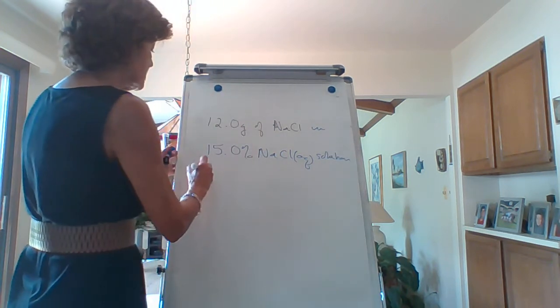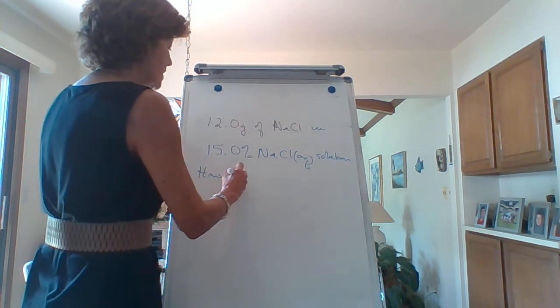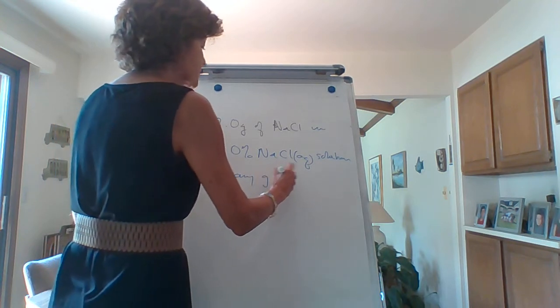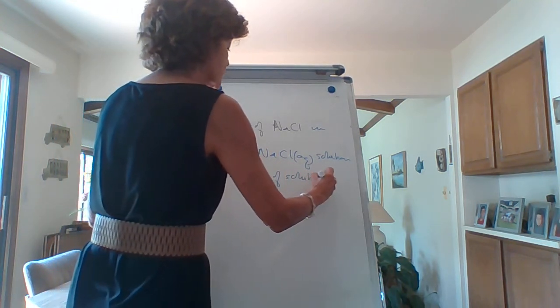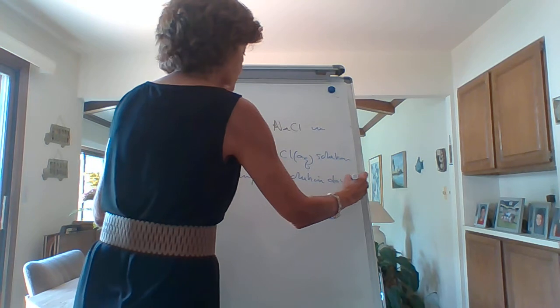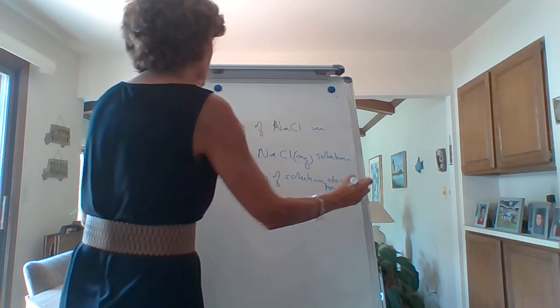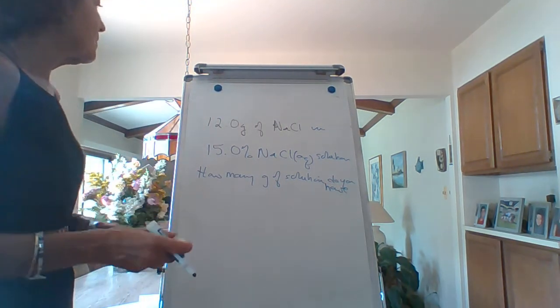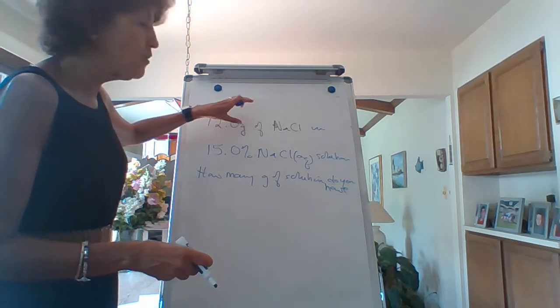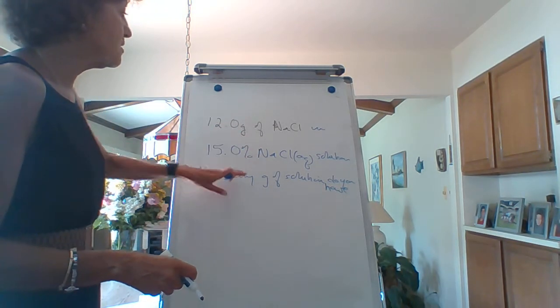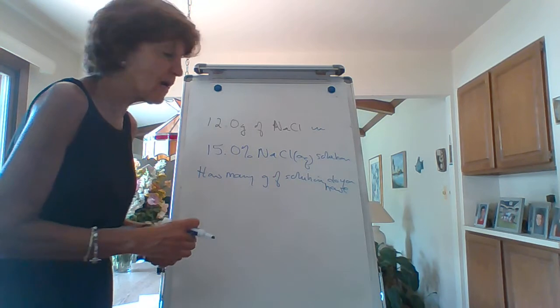So my question is, how many grams of solution do you have? Now this is a mass by mass also. So they've given us the grams of solute. They've given us the percent. We just don't know how much solution we have.